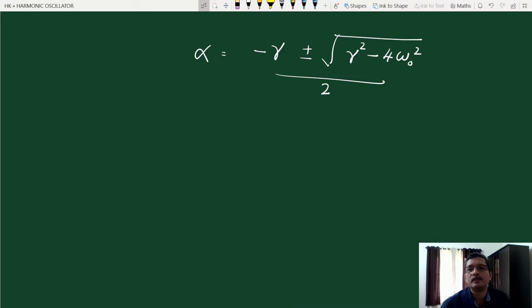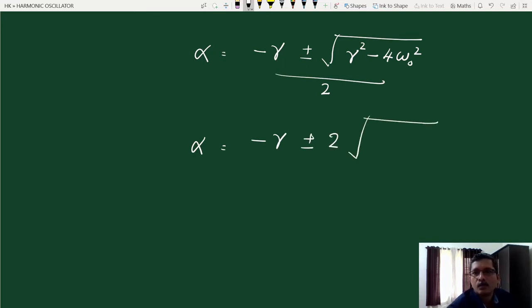Now what you can do is, I will take this 4 outside from the square root. So you can write this as alpha is equal to minus gamma plus or minus, when you take 4 outside, it becomes 2, square root of gamma square by 4 minus omega 0 square, whole divided by 2. So you can divide both terms by 2.